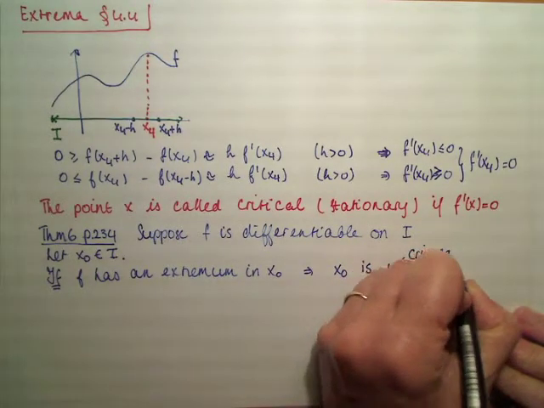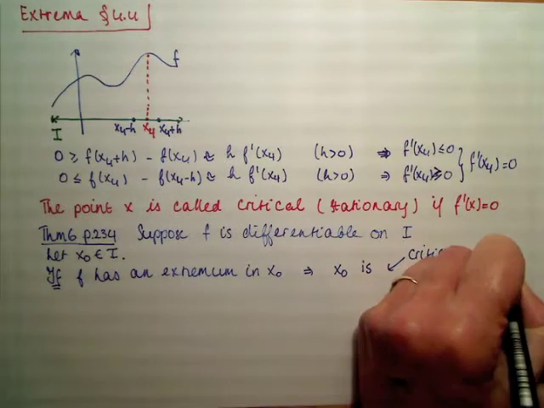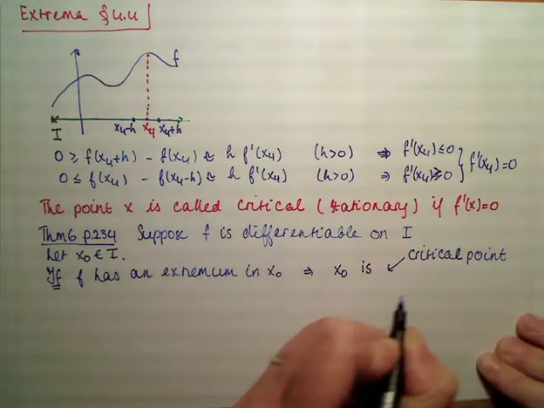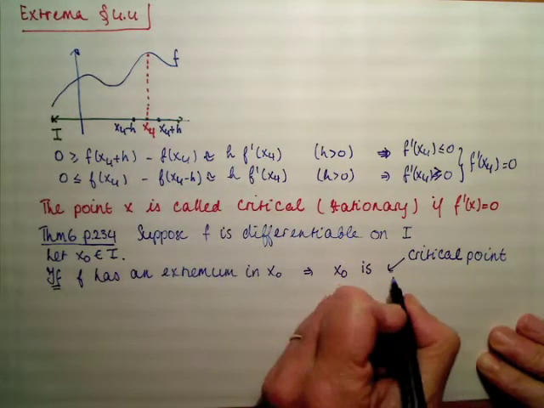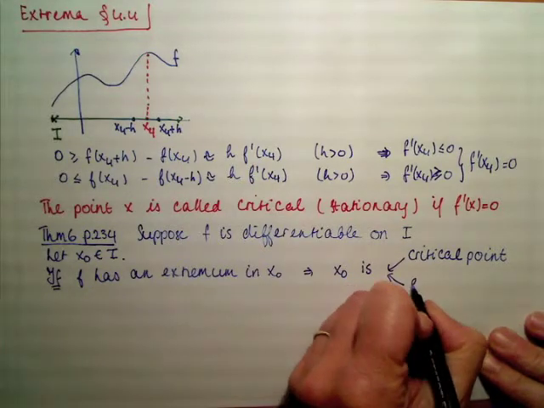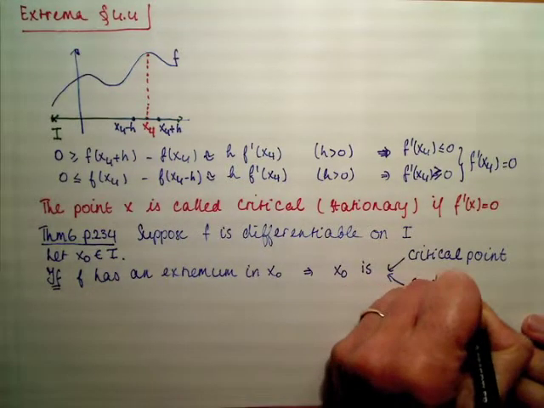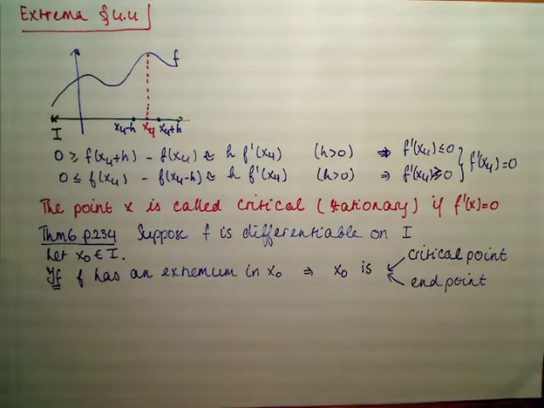This is the situation that we just studied, but of course, as we saw before, x0 can also be an endpoint. So there's one of two possibilities.